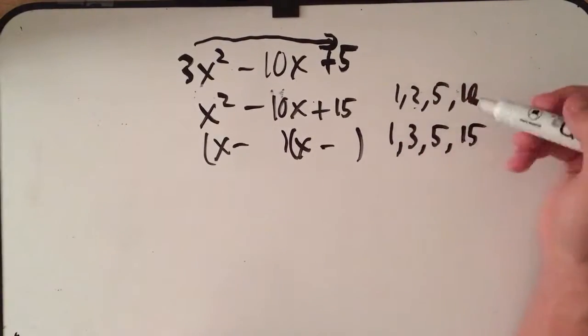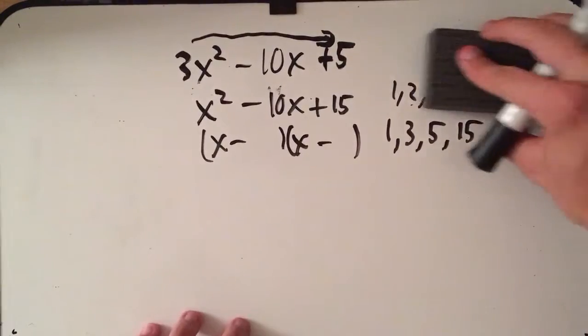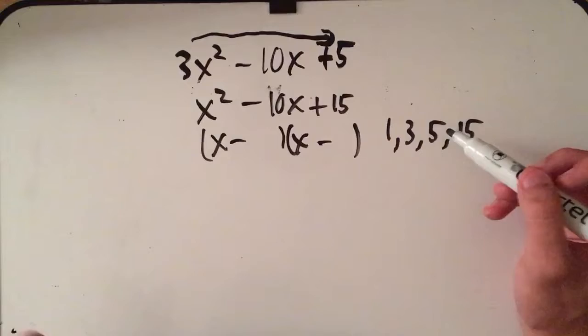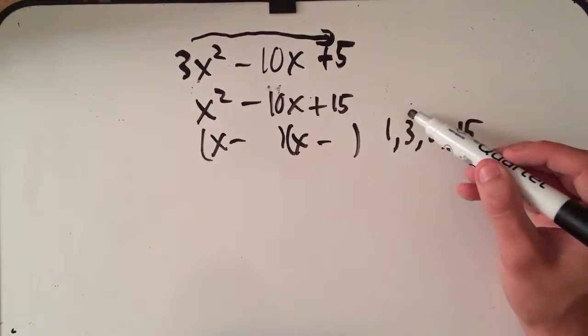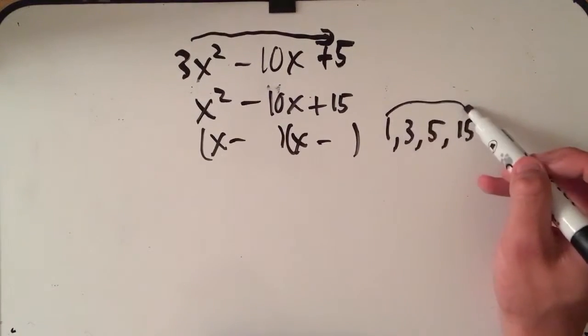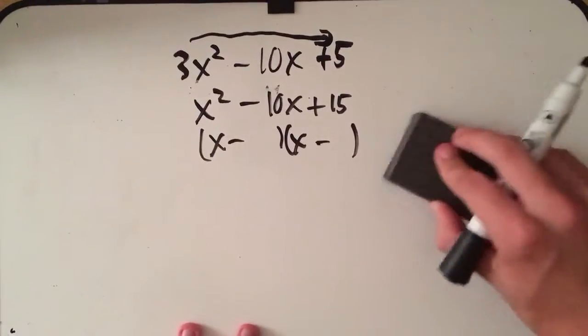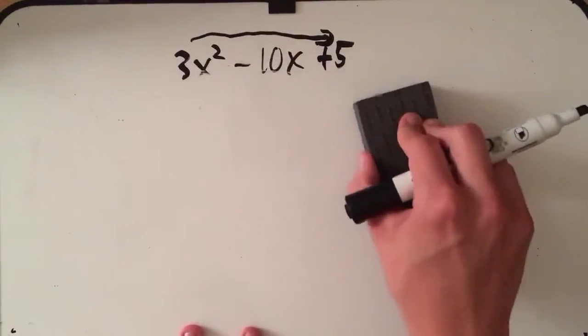What you want to do is add up any of these that'll go together, but you can see that none of these go together. The 1 and the 15 don't add up, and the 3 and the 5 don't add up to 10. So you know that the five-step method's not going to work.